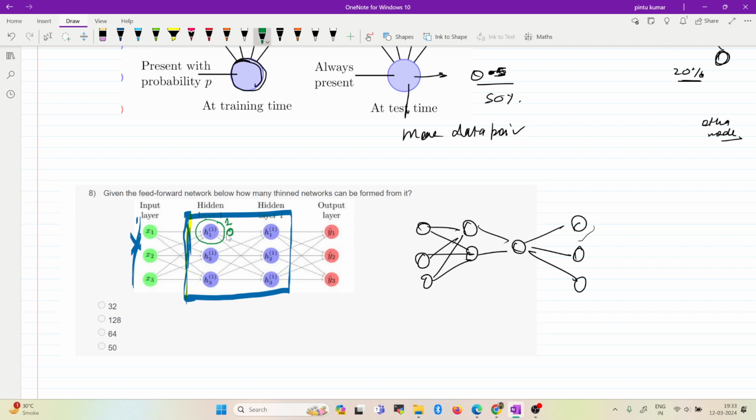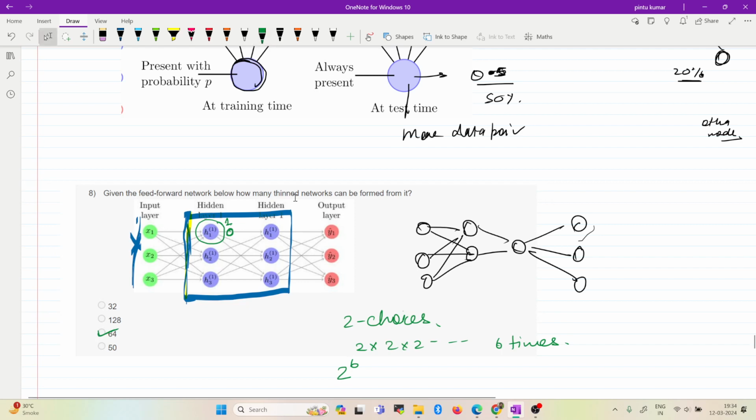So for every node you have two choices. And how many nodes are there for which you have two choices? There are 6 nodes. So there are 2 into 2 into 2, 6 times. These are the number of thinned networks that you can obtain. So this is 2 to the power 6, which is 64. You have a similar question, so you can answer accordingly.